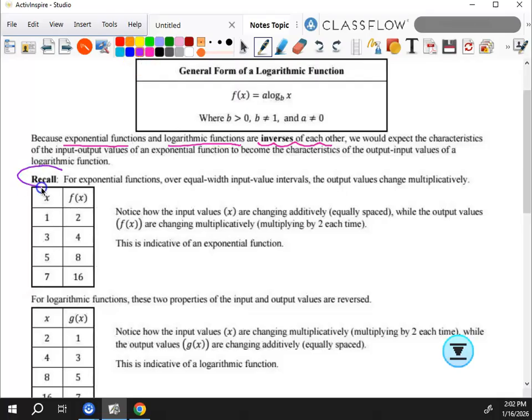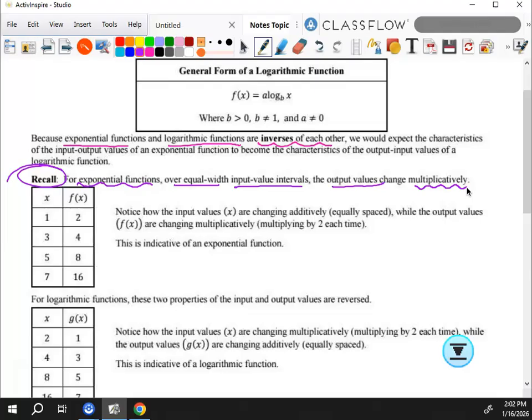So this says recall, which means remember, we talked about this already last semester. For exponential functions over equal length input value intervals, which I know you've heard and written multiple times, the output values change multiplicatively. Whether you say equal length or equal width, it does not matter. That is your $10 word for the day.